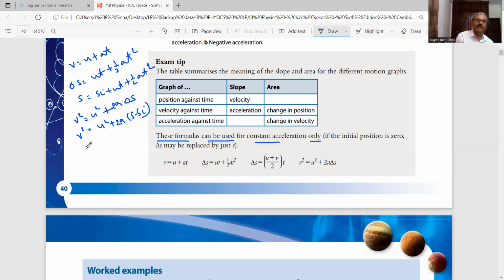And the fourth one is delta s is equal to u plus v by 2 into t.